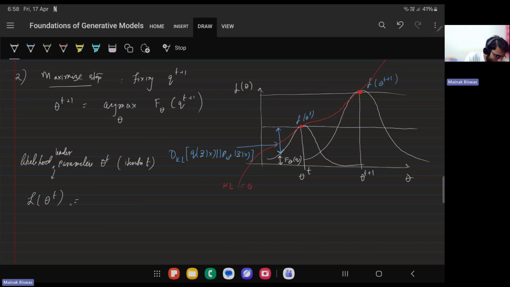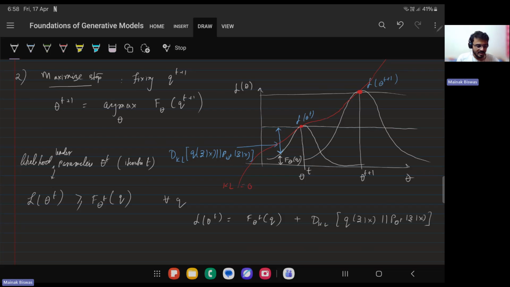From the property of the ELBO, this is equal to F theta of Q for all Q. Yes or no? Or rather F theta t of Q for all Q. This is from the idea that L theta t is equal to F theta t of Q plus DKL of Q of Z given X and P theta t of Z given X. This is why we set this equal to this, right?